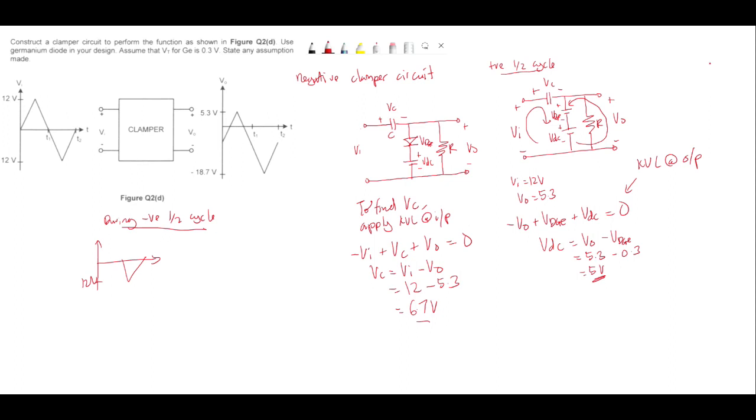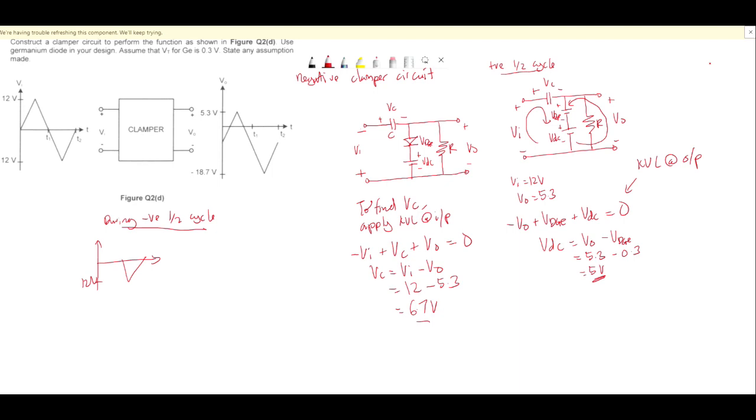For the negative half cycle, the top polarity must be negative, bottom polarity must be positive. So the current will flow from positive to negative, from the bottom to the top.